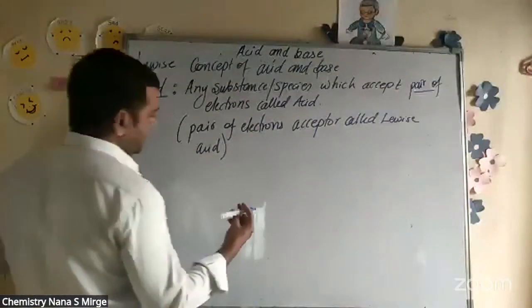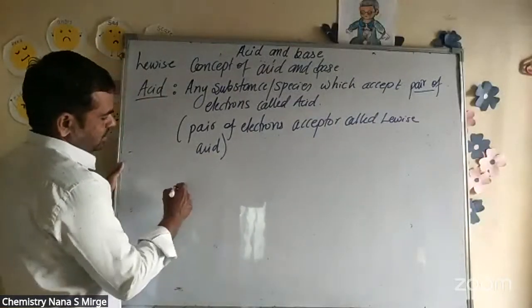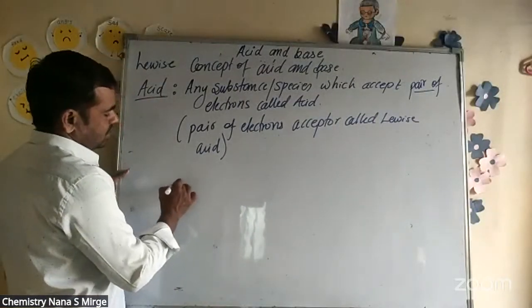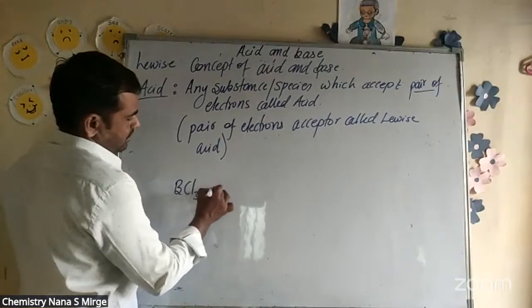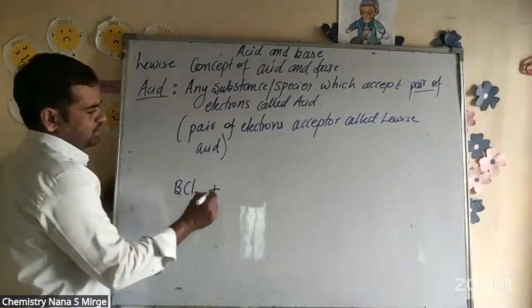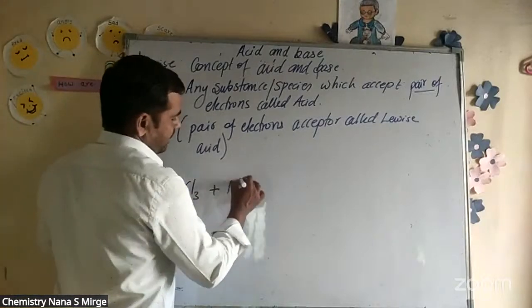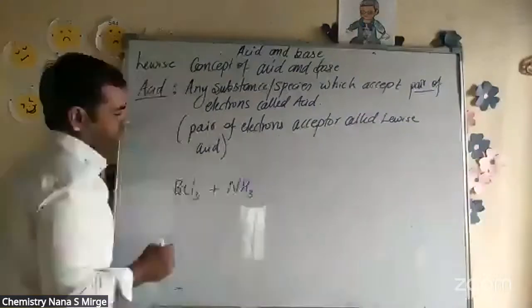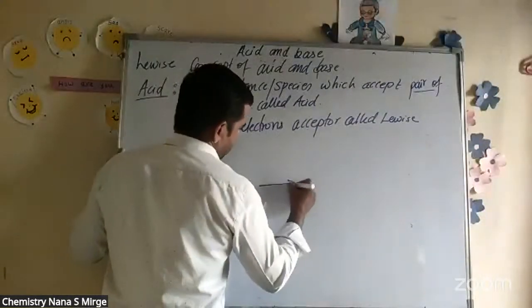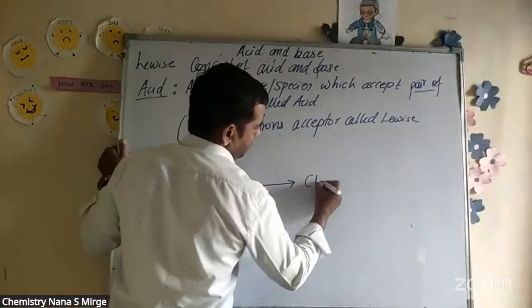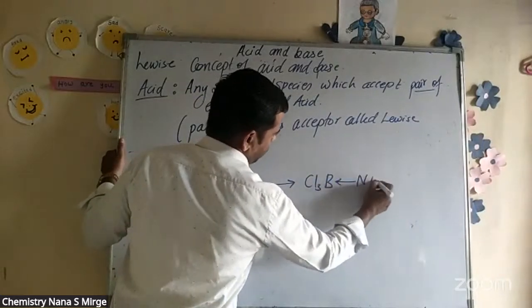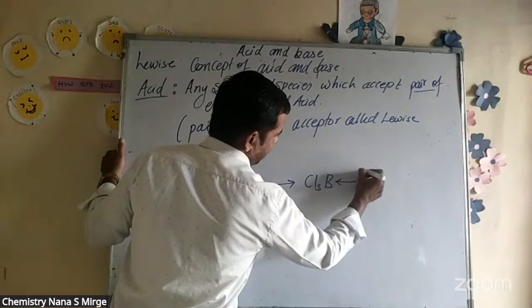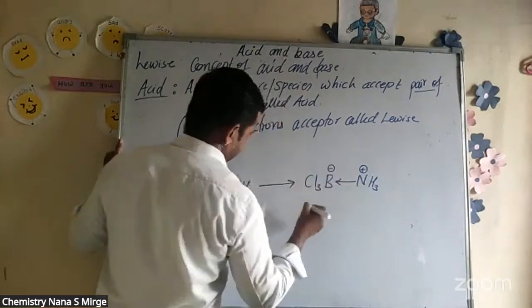So, for example, BCl3 in the presence of ammonia, which has a lone pair. Nitrogen can donate its lone pair, and it has positive charge and negative charge.